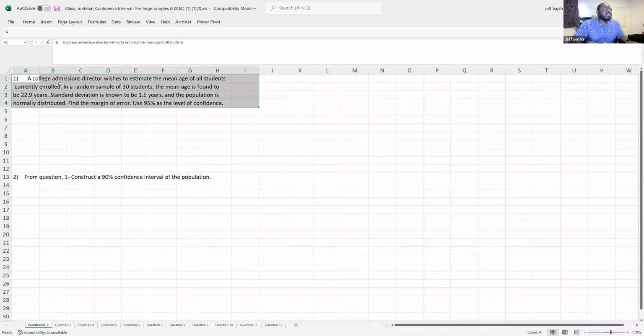We're told that a college admissions director wishes to estimate the mean age of all students currently enrolled. So what we're saying here is the administrator does not know the average age of her students in the whole school. And that's a population, right? So she wants to know what the average age is of all her students in the whole school.